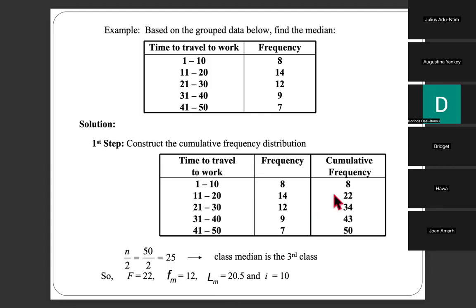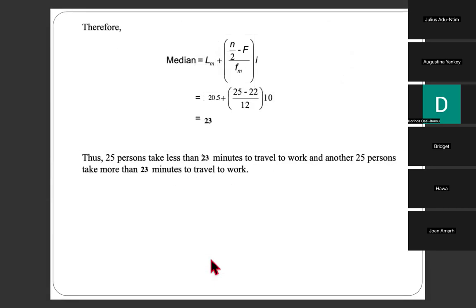Then we look at the frequency on the median class, which is 12. Then we look at the cumulative frequency before the median class, which is 22. So now that we have this information, let's go and find our median.